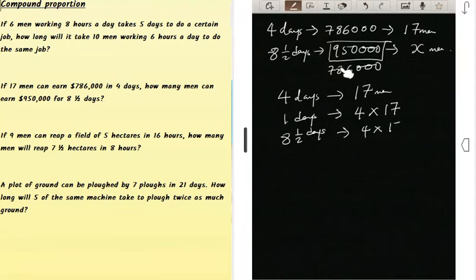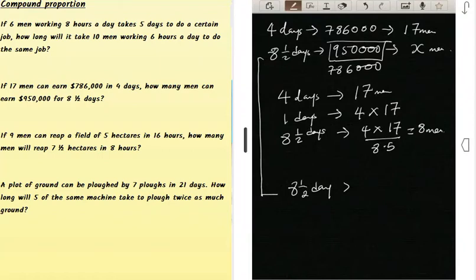Okay, divide by 8.5. So we have 8 men. All right, so pick this second statement and work on it. In 8.5 days, we have a number of men and this amount.